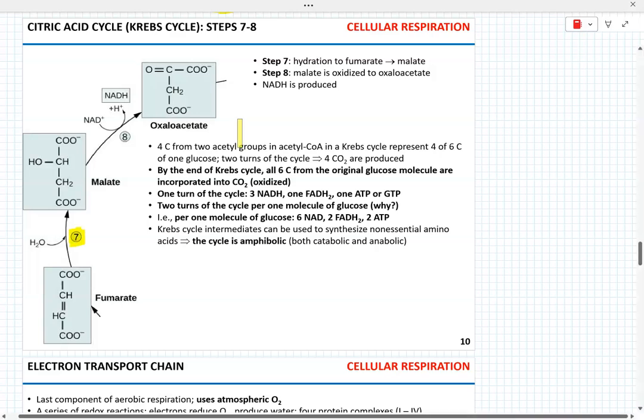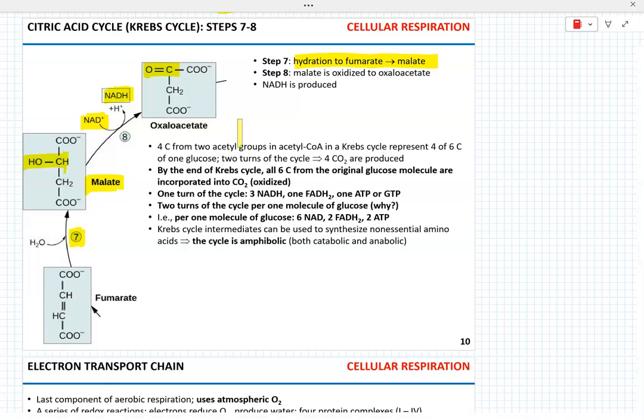In the 7th step of the Krebs cycle, fumarate is hydrated, producing malate, and in the 8th step, malate is oxidized to oxaloacetate. The OH group is oxidized to a carbonyl group, and the electrons and protons that are removed from malate are loaded on NAD+, effectively producing another NADH.